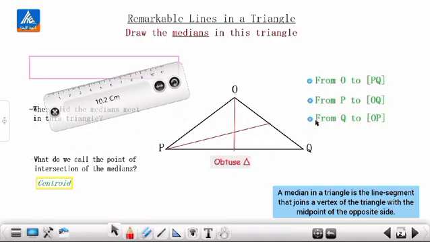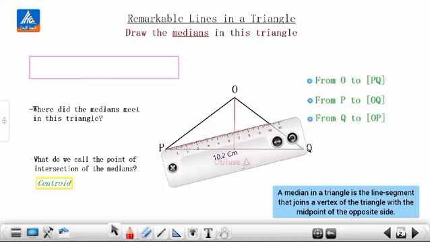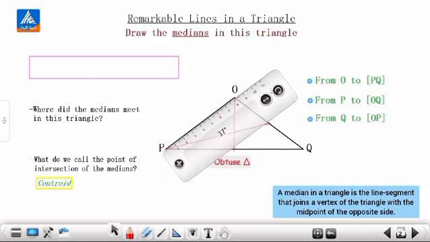Now, the third one, from vertex Q to the midpoint of the opposite side OP. So let's measure OP. OP equals 8 centimeters. So the half of 8 is 4. The midpoint will be here.